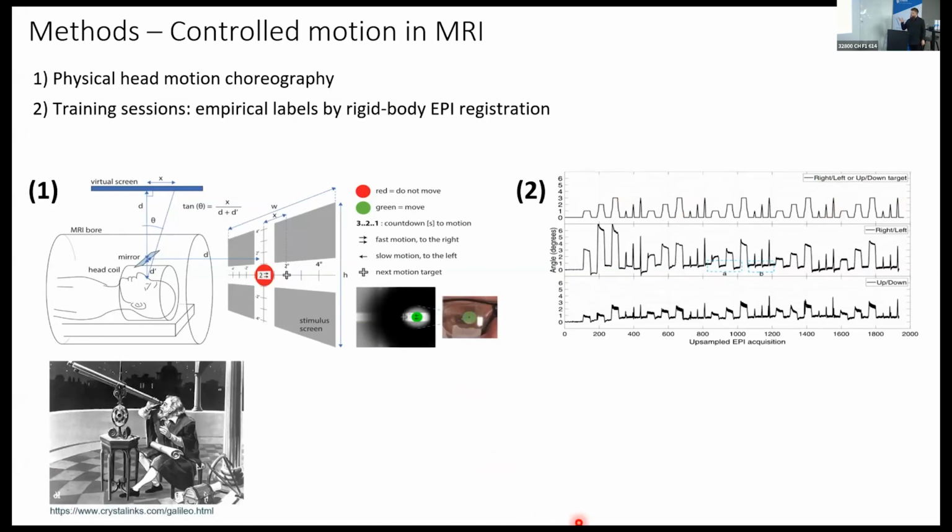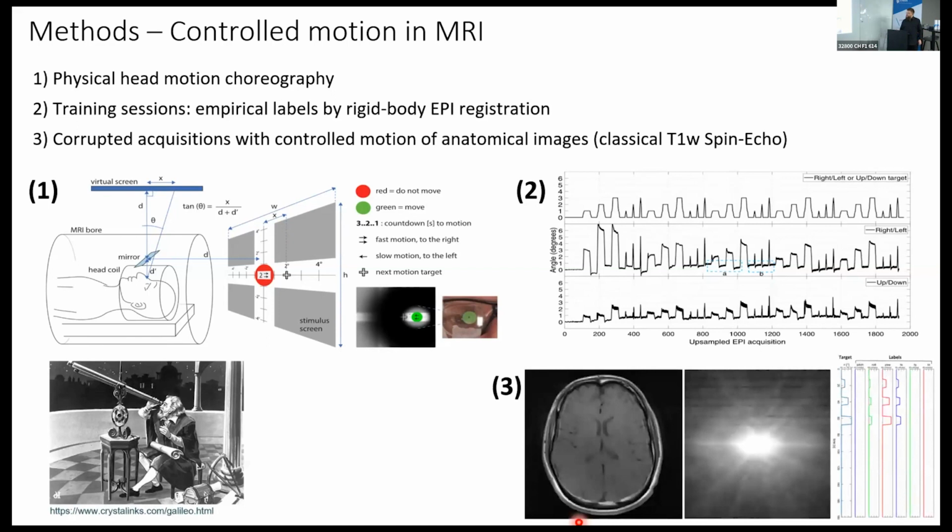The other usage is that we perform rigid body motion registration to obtain empirical motion labels for the anatomical scans that are the concrete data that we acquired, this 2D classical spin echo.